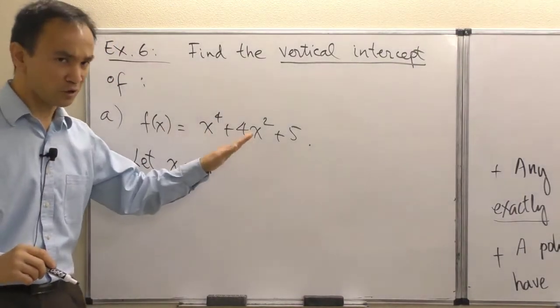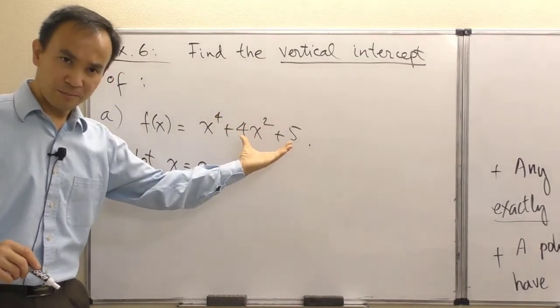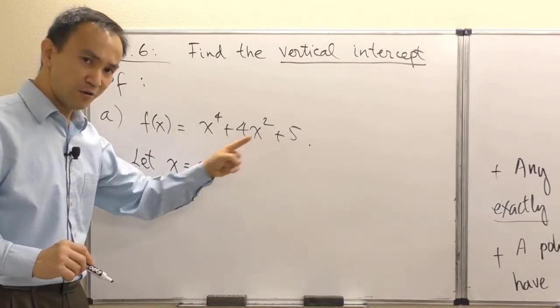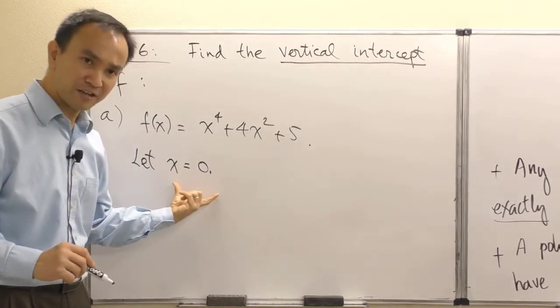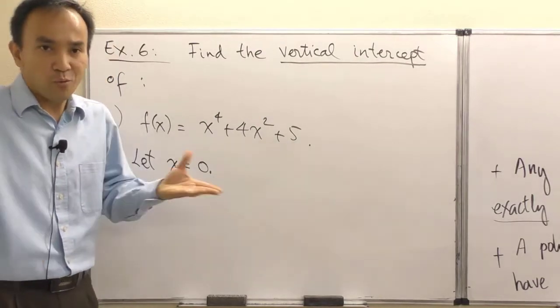And we know for sure, even before we see the graph, that the polynomial will have exactly one vertical intercept, and it's only going to happen when x equals 0. All right, so that gives us naturally one solid technique right here.